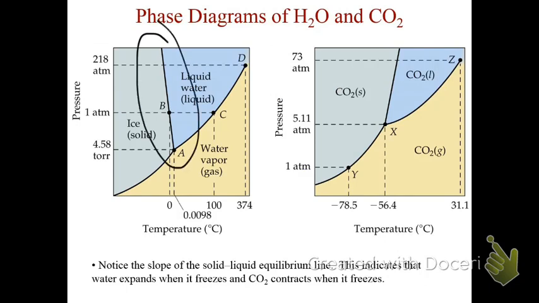This is letting you know that water expands when it freezes, so it takes up more space, whereas carbon dioxide is going to decrease in size. It's going to contract a little bit. And you notice that the phase goes out a little bit further.